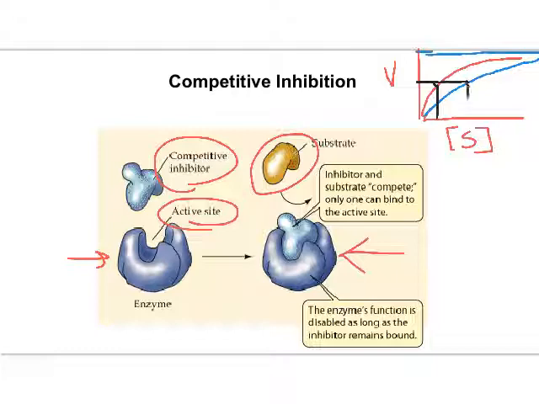Okay, so that gives you a value of the Km, or the Michaelis constant, how much affinity the enzyme has for its substrate, and that does decrease. So with competitive inhibition, in kinetics, you see the same Vmax, but a different Km.